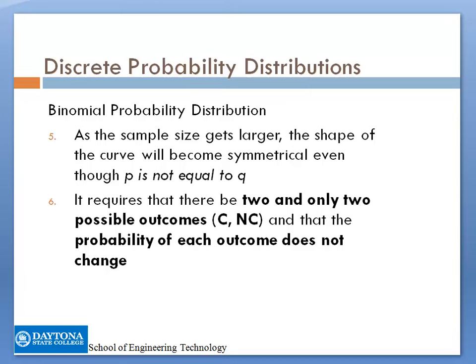So you have either a conformity or a non-conformity, and the probability of each outcome does not change. So this is what makes it different from the hypergeometric. The probability is constant for each outcome, and you have an infinite population size. In the hypergeometric, you have finite, and your probability of the outcomes is not constant.